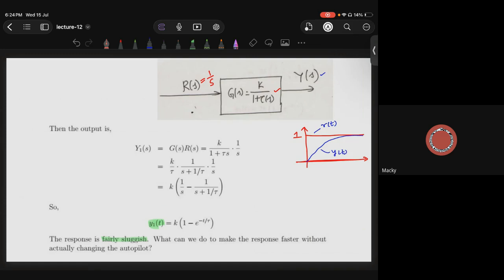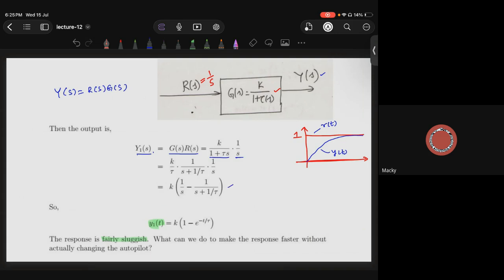Okay, now in this, what is Y of S equivalent to? Y of S equal to R of S multiplied by G of S. Am I correct? Let us say the output is Y1 of S, which is nothing but G of S multiplied with R of S. Then divide that into partial fractions.